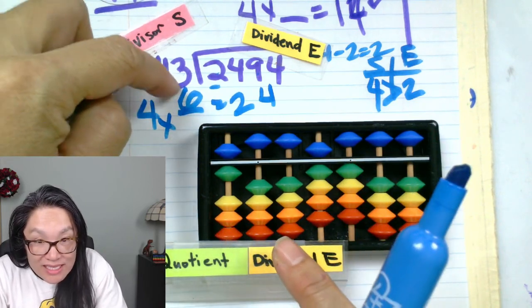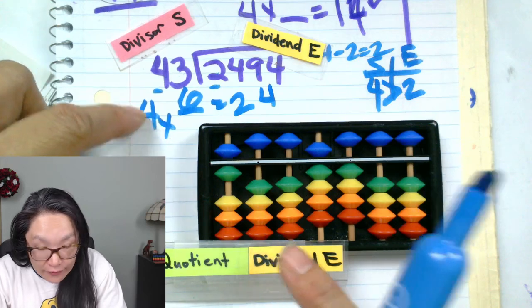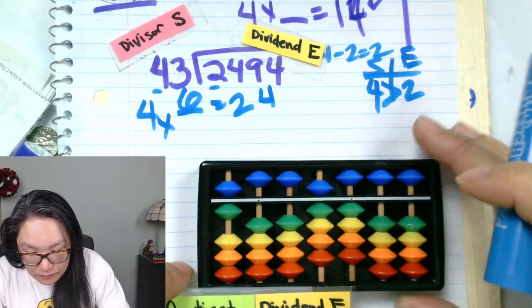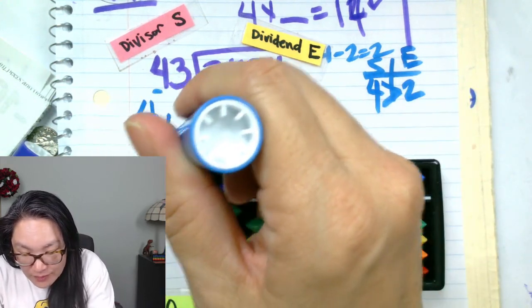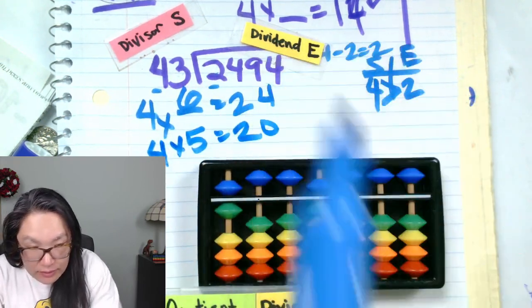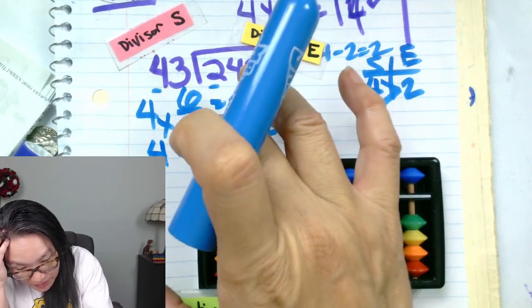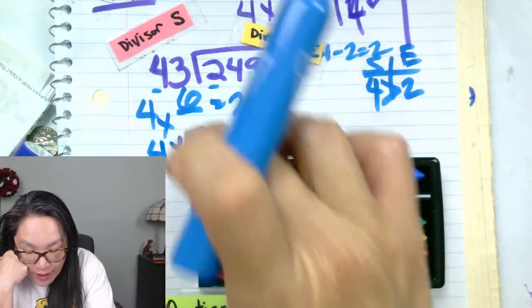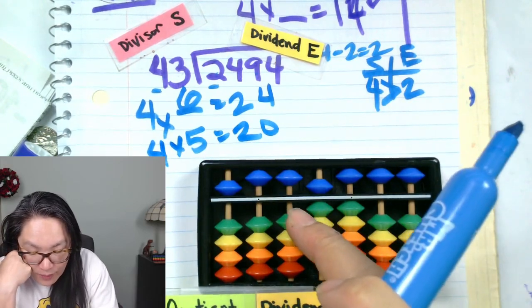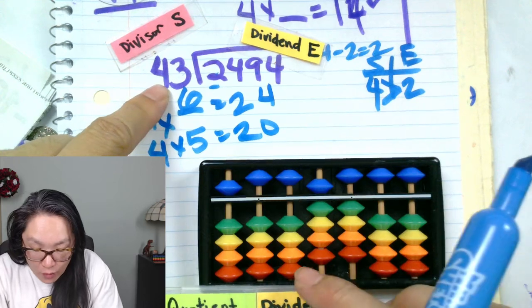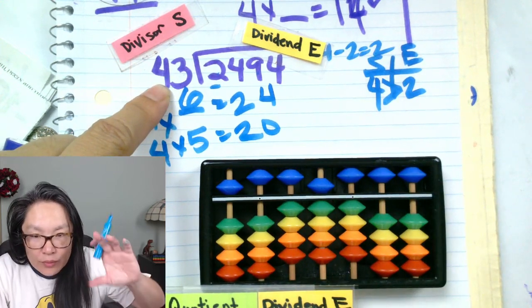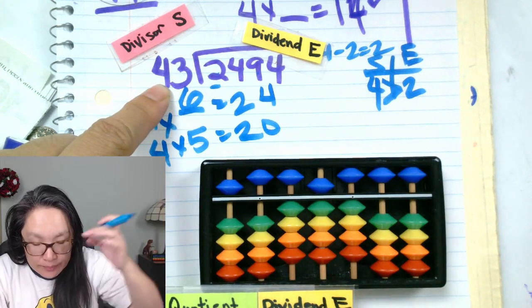So instead of doing 6, I need to do 5. 4 times 5 is equal to 20. That's a rule. You take 1 from the answer, you make it 6, you make it 5, and then you come back here and you add the 4. You kind of step back a little bit.